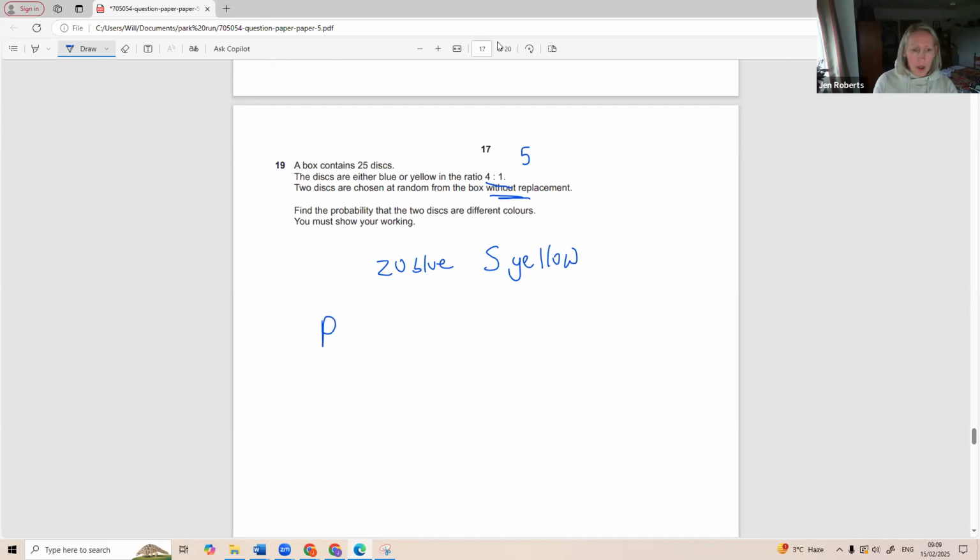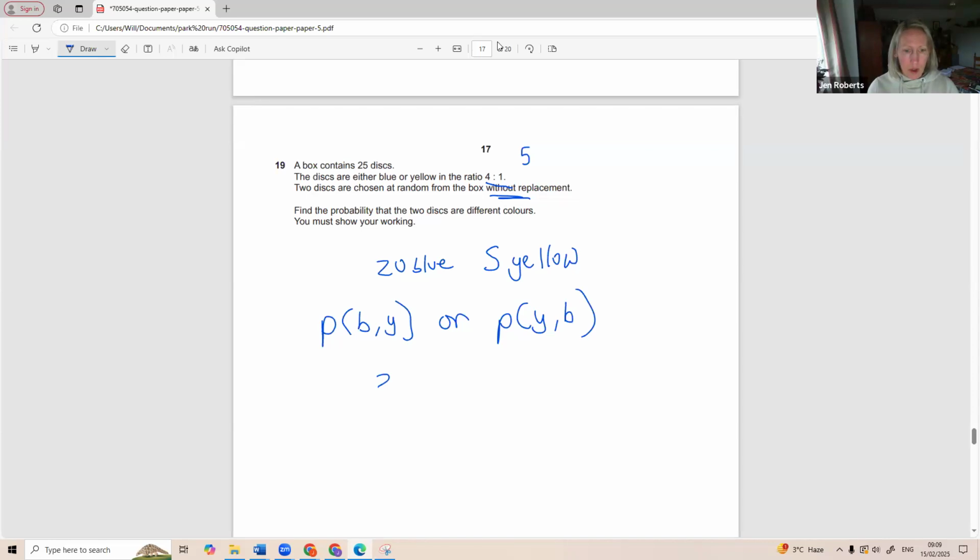So different colours would be a blue and yellow, or a yellow and blue. You could pick a blue and then a yellow, couldn't you? You could have different colours. Or you could pick a yellow and then a blue. Probability of a blue then a yellow, and it's without replacement. So which is blue here? Blue is 20.